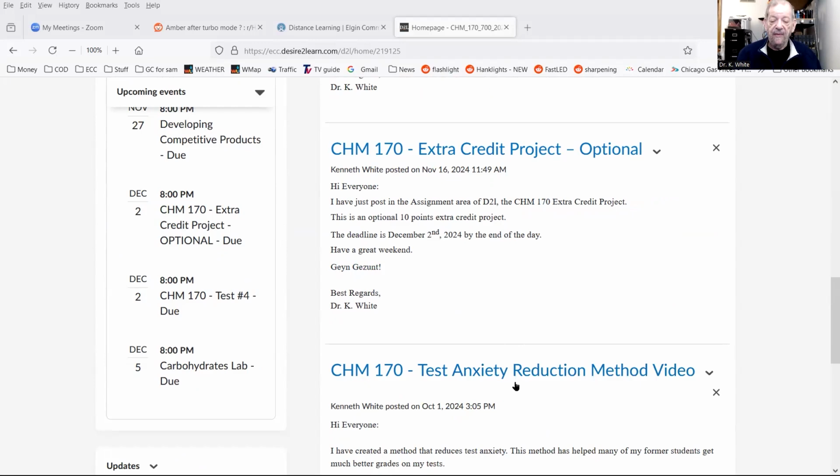Now, as a special public service to all my students, before that Monday, email me your project. Remember, it's optional, but I'll tell you if anything needs to be corrected. And therefore, there's no reason each of you shouldn't be able to do that project to get 10 bonus points. It's not that hard.